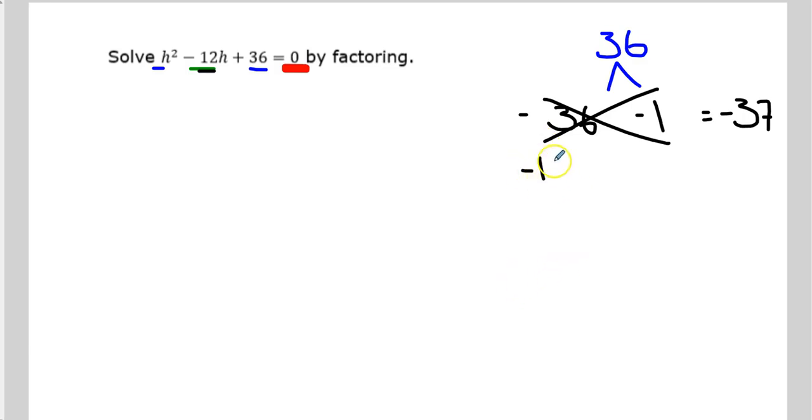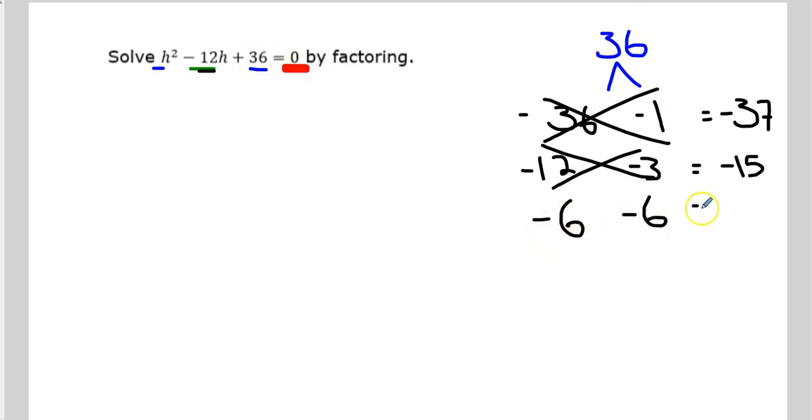Negative 12 times negative 3 is 36. If I add them together, I get negative 15. Once again, we want negative 12, so no good. Let's try a different set. If I have negative 6 times negative 6, that gives me a positive 36. And if I add them together, we get negative 12, which is what we were looking for here. So these are going to be our factors.